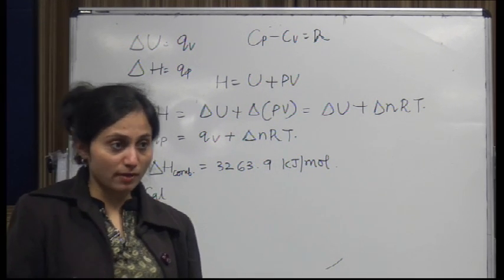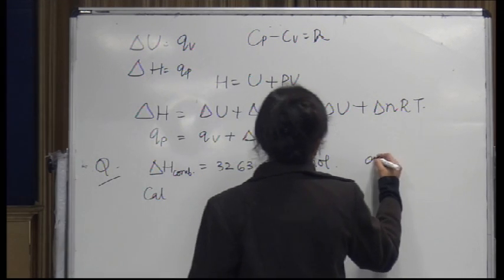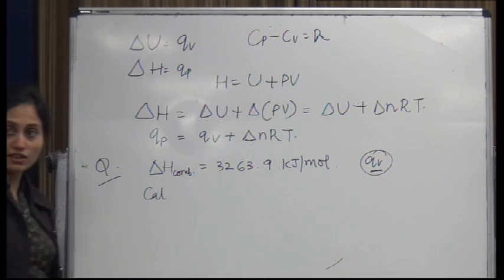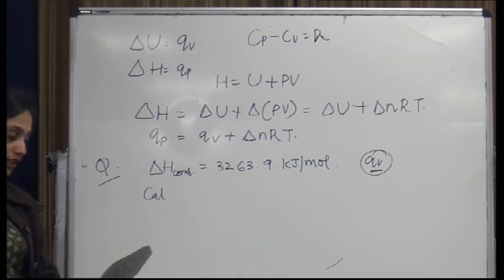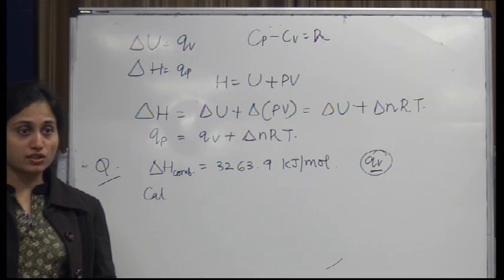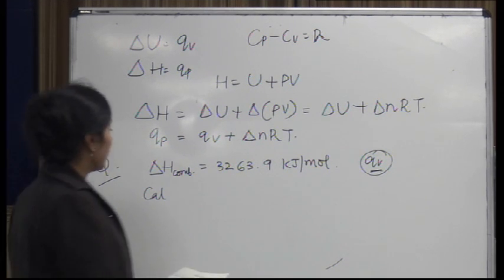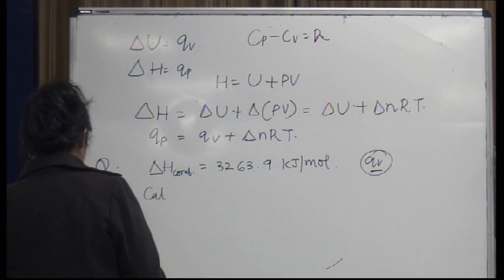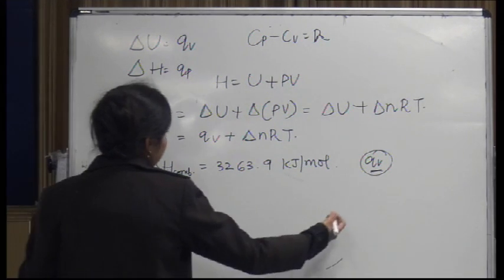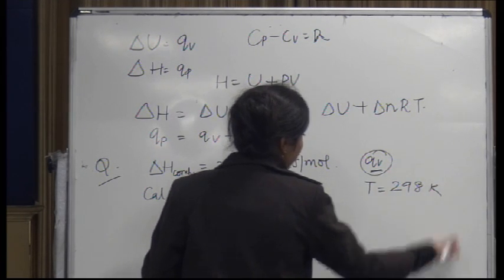So that means this heat of combustion was at constant volume. Did you get it? I repeat the question. The heat of combustion of benzene determined in a bomb calorimeter, means constant volume, was found to be 3263.9 at 25 degrees Celsius. 25 degrees Celsius means the temperature is 298 Kelvin.